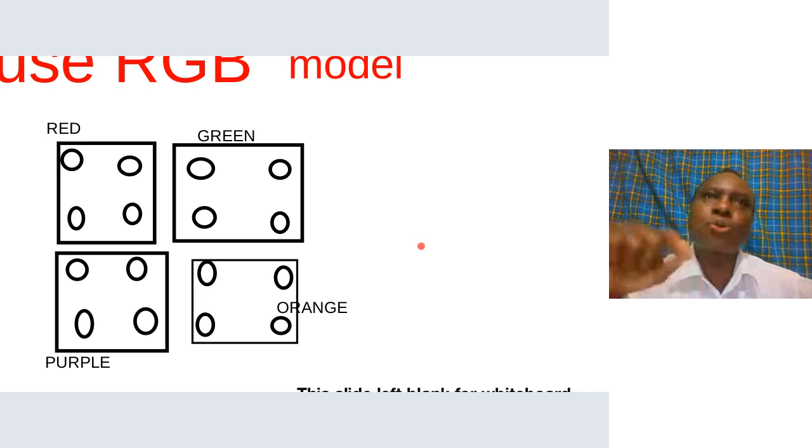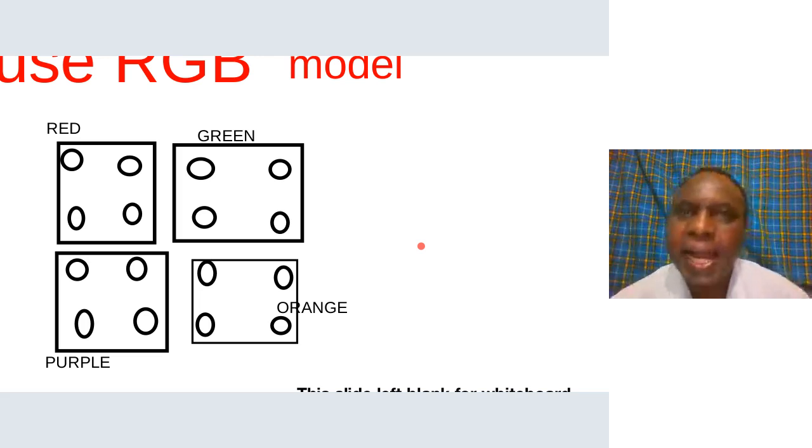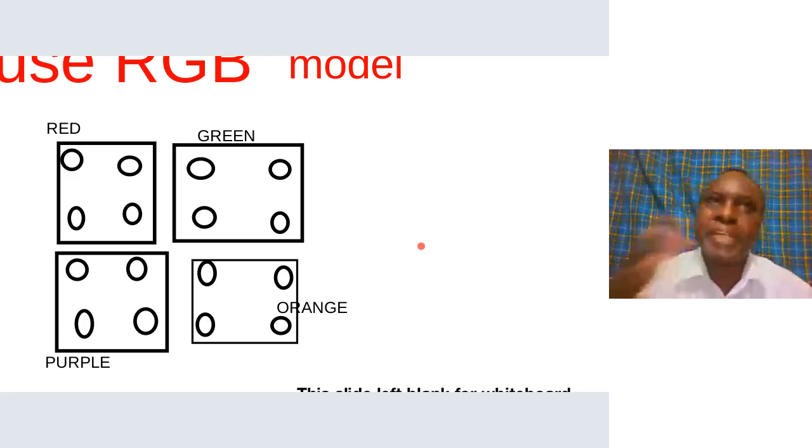So if you decide 8, then all the pixels are coded with 8 bits. If you choose 16, then all your pixels are coded with 16 bits. If you choose 32 to code your pixel, every pixel has 32 bits. Then now the combinations code the different colors.